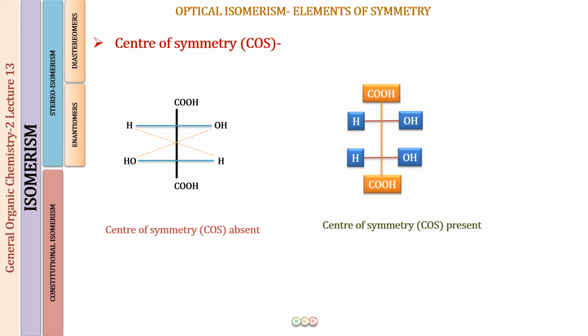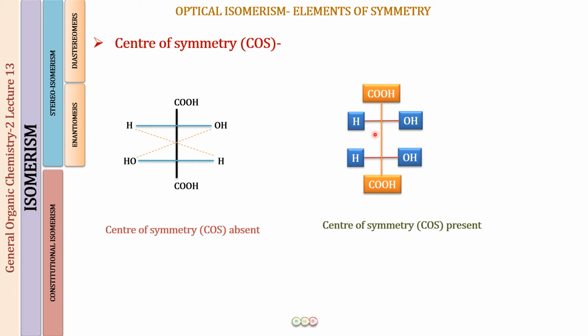So never draw a Fischer projection to find out the center of symmetry of a molecule. So in this molecule, the center of symmetry is present, as well as the plane of symmetry. Whereas in this molecule, we do not have a plane of symmetry. We do not have a center of symmetry. We find this compound to be optically active. We find this compound to be optically inactive.